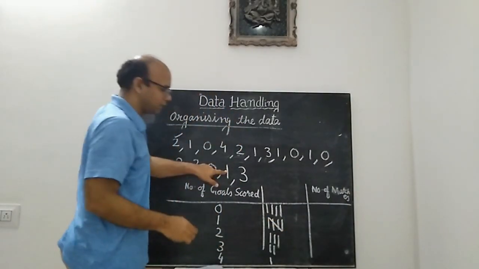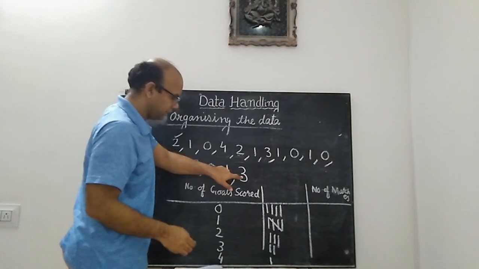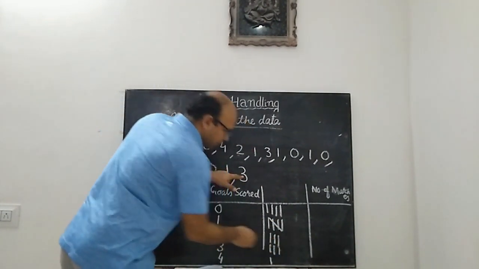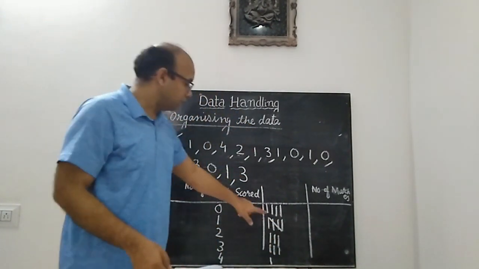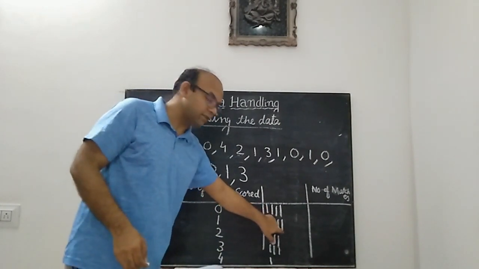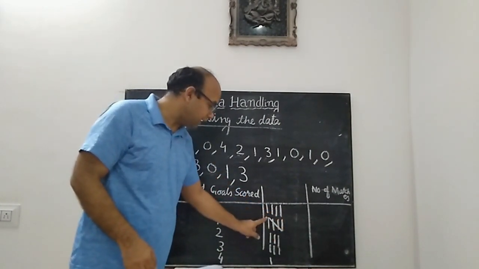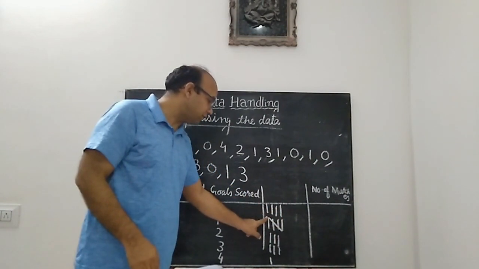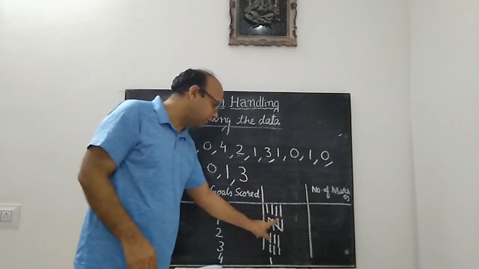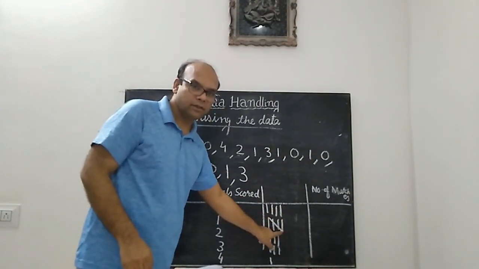Now we have to notice, when we move on to the fifth one, we put a tally mark like this, crossing the four. So we get a bunch of 5, and we have to keep in mind that the fifth tally mark should go from the top of the left to the bottom of the right.